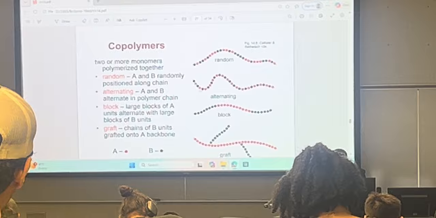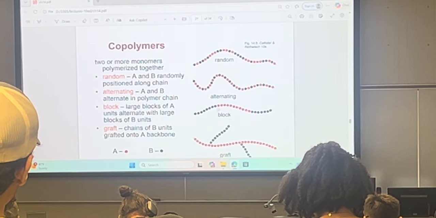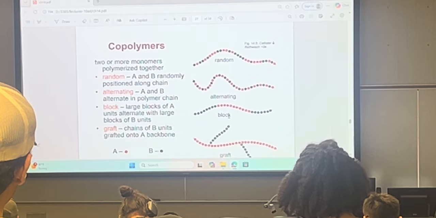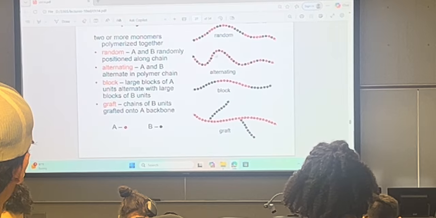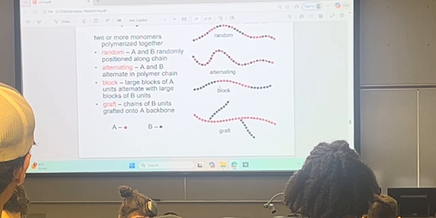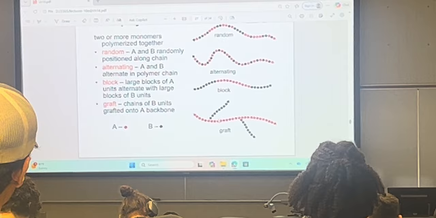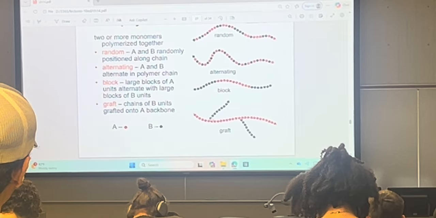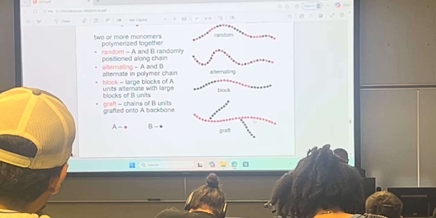They can be alternating, they can be block, and they can be graft. Alternating is when they alternate one after the other. Block is when there's a certain molecular weight associated with each one. And the graft is when the grafts are grafted onto the backbone like this.